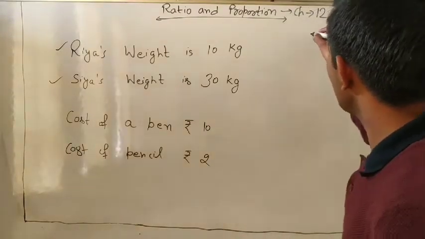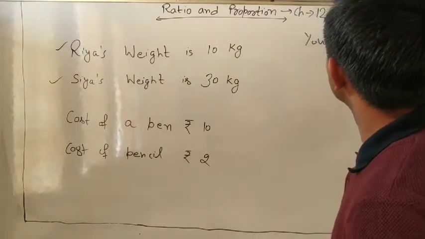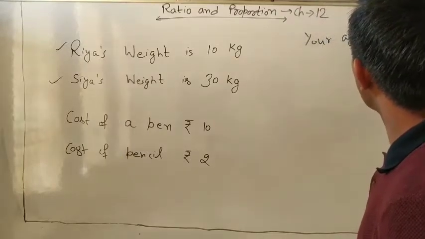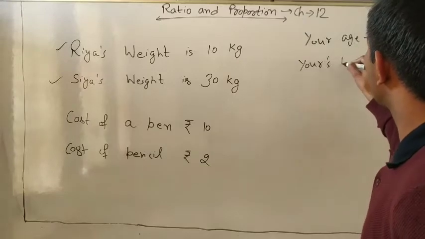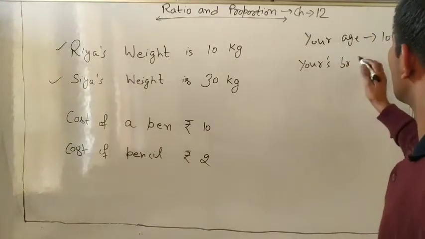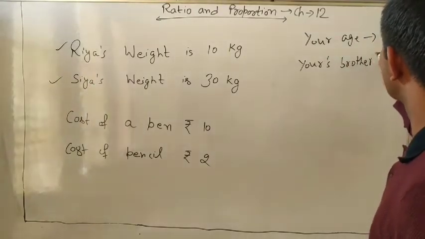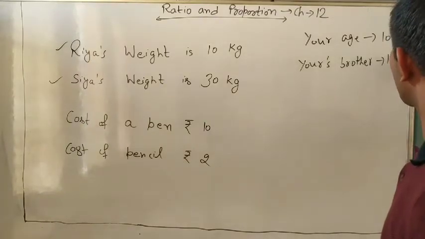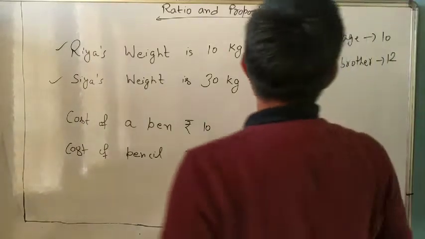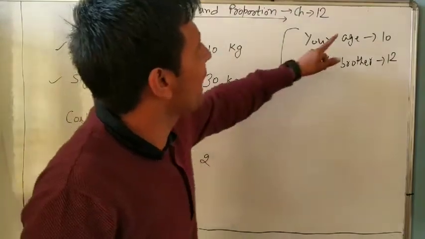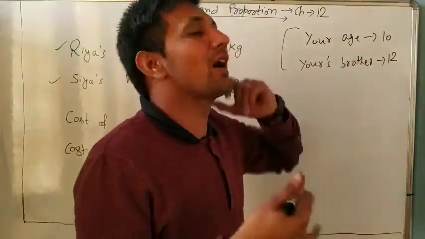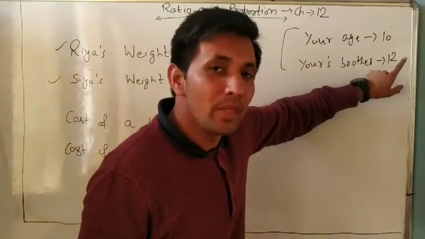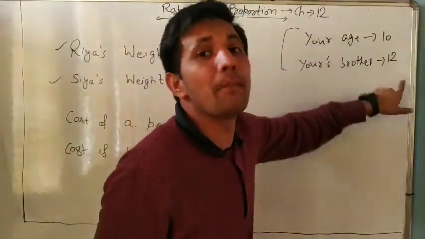Suppose your age is 10 years and your brother is 12 years. So how will we compare? We can say that my brother is 2 years older than me. Otherwise you can say that I am 2 years younger than my brother.